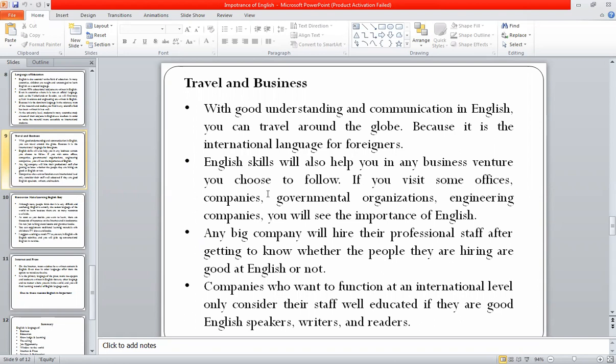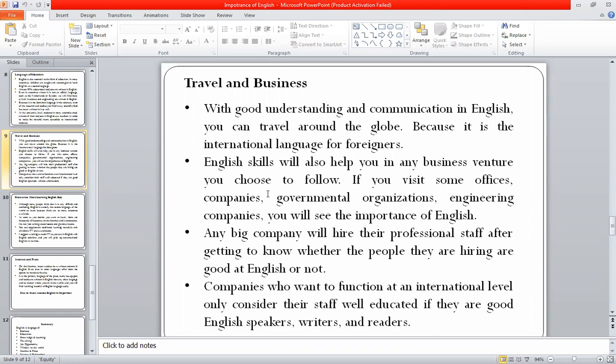They will check you. And after that they will hire you and they will pay you more if you are able to communicate with them by using this language. So it's the most important fact, and it's the entrance of your job.